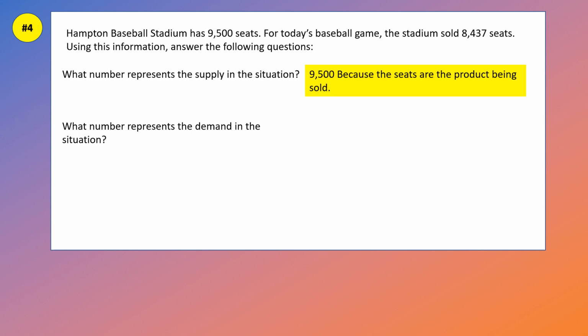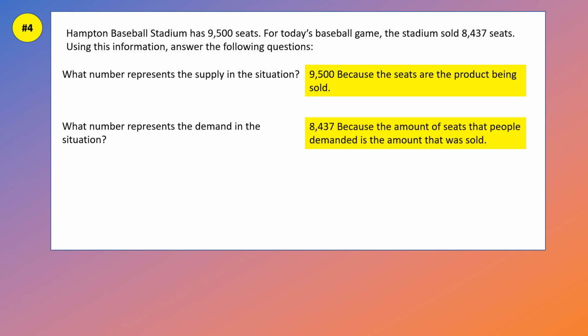How many people are demanding it? We want seats. So what's the demand? What do people want? How many seats did they actually purchase? That's right, 8,437, because the amount of seats that people demanded is the amount that was sold, 8,437.